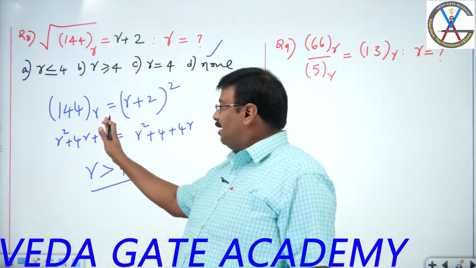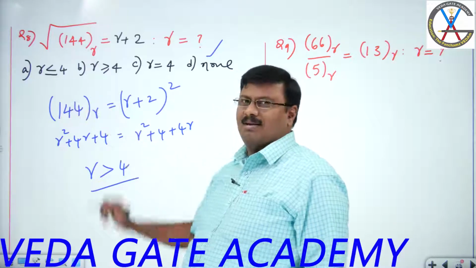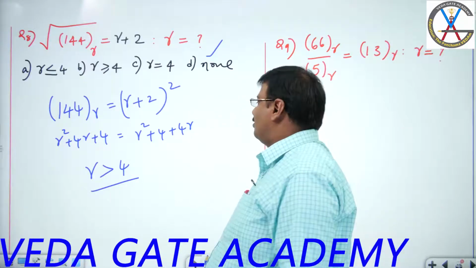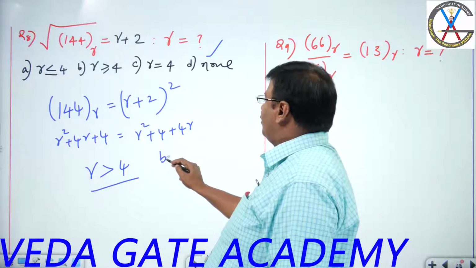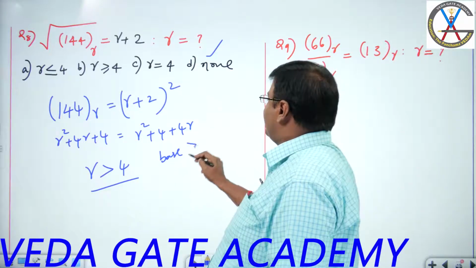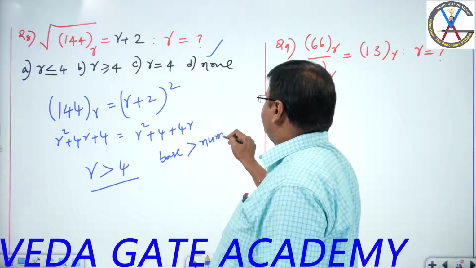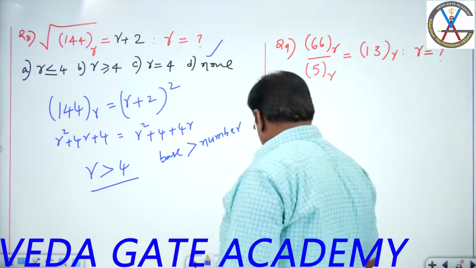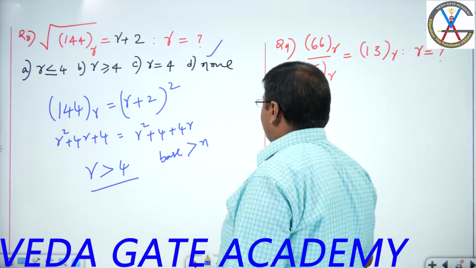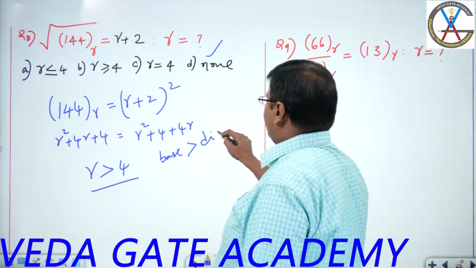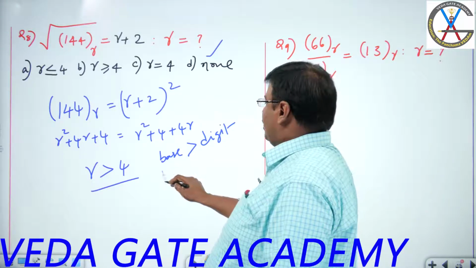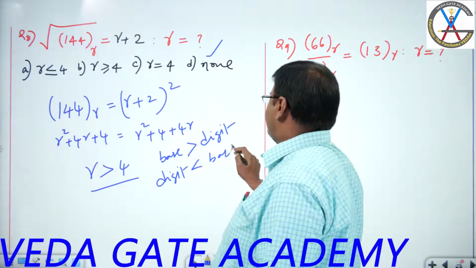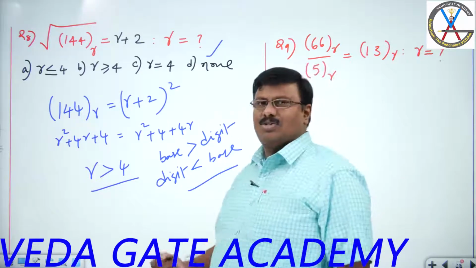So the base must be greater than the digit, or I can say the digit must be less than the base. Following this, you solve this question.